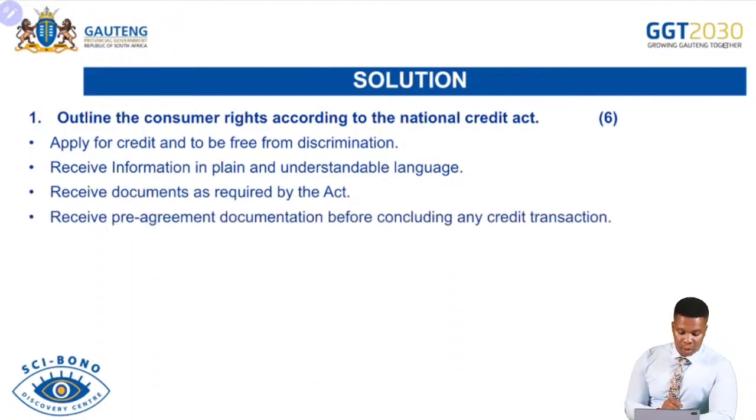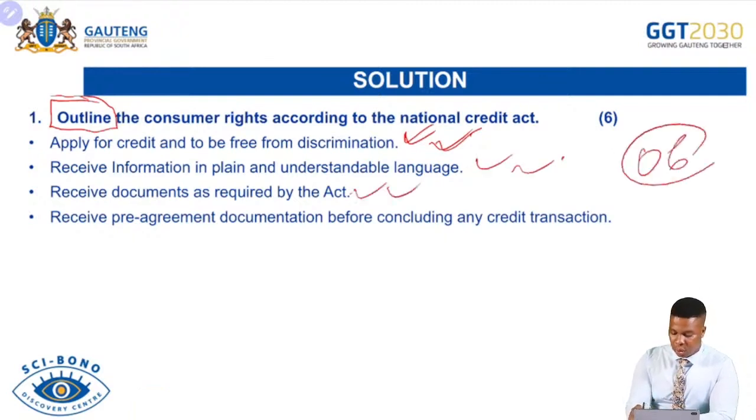And the other one is to receive pre-agreement documentation before concluding any credit transaction. So this would basically be marked with 2 ticks at the end because of the action verb which is outline. So whenever a question says outline, know that you will get 2 ticks at the end and you should not provide more details because we just look for the fact as it is, which is 2 ticks at the end, and then this is your 6 marks.